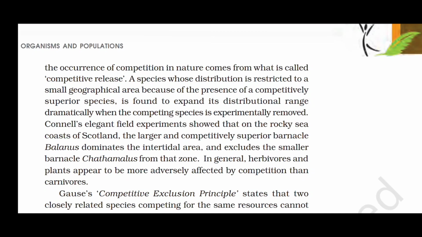Connell's elegant field experiment showed that on the rocky sea coast of Scotland, the larger and competitively superior barnacle Balanus dominates the intertidal area and excludes the smaller barnacle Chthamalus from that zone.